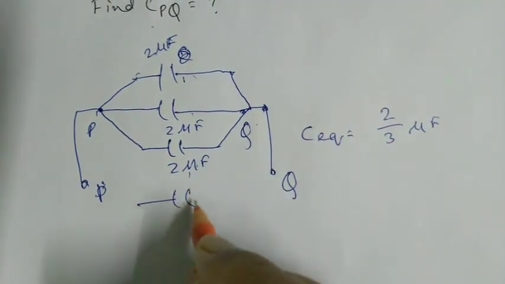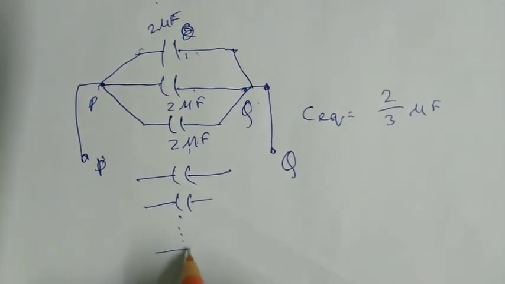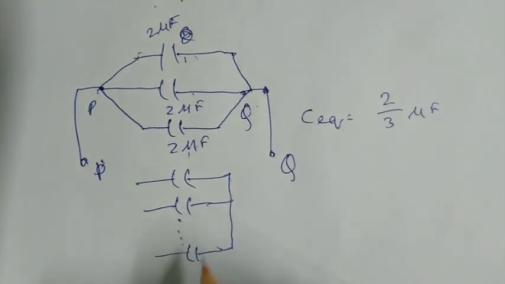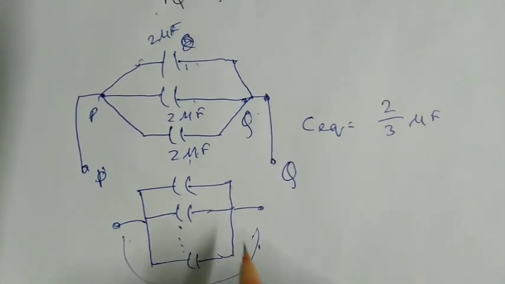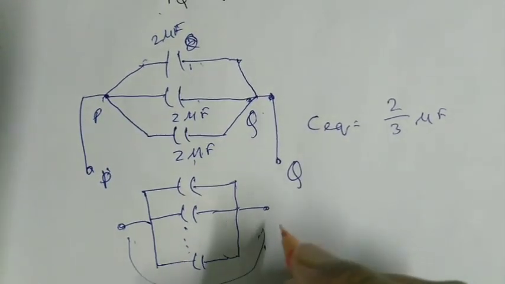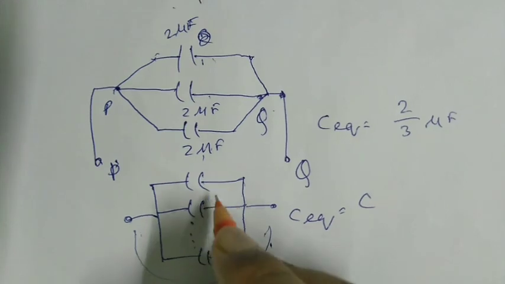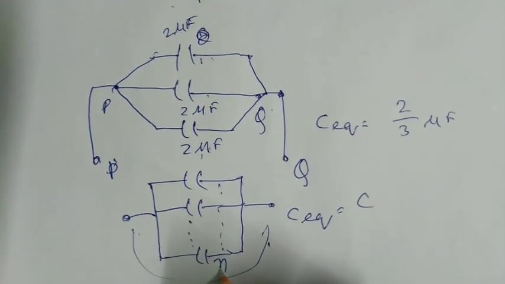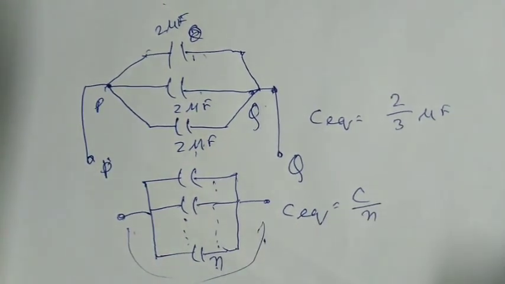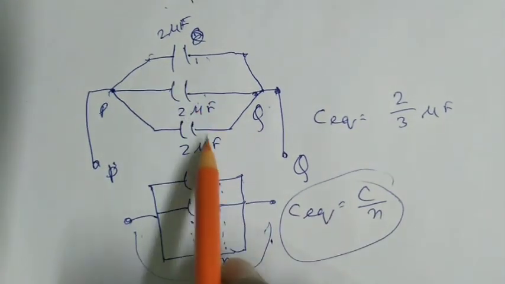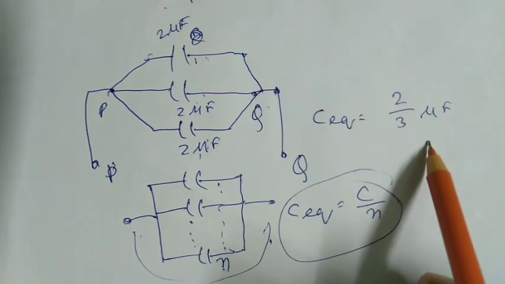If there were capacitors of value C in number of n connected like this, they were in parallel, so across this the equivalent capacitance would be C by n. Okay, that's why here 3 capacitors of equal values are in parallel, so that's why the C equivalent is 2 by 3.